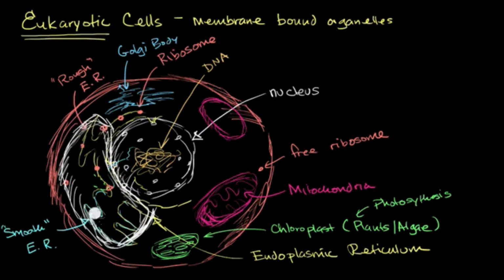It contains water and enzymes. It's viewed as a kind of storage compartment, but it can also contain enzymes that help digest things, that help break things down so that they can be used in some way. So that is a vacuole. They don't just exist in plants, they can also exist in animal cells, but in plant cells, they can be very, very visible.